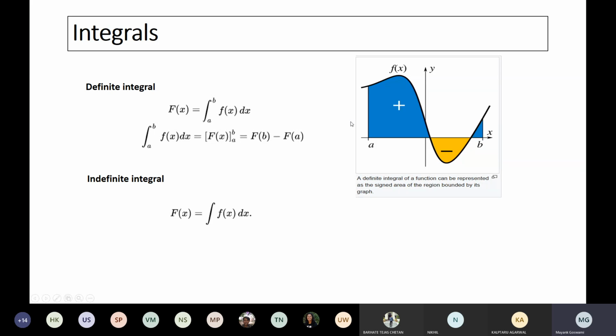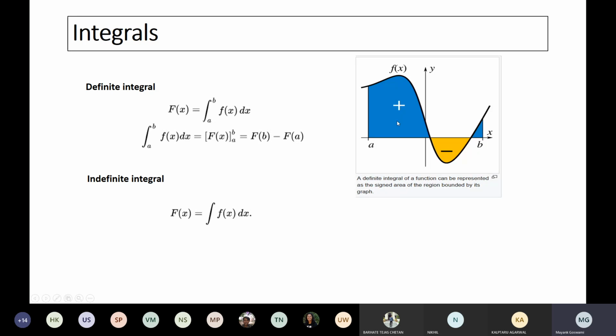So basically the integral of a function can be represented as the area under the region bounded by the curve on the graph. Here we have a function f(x), and this is the area coming under the curve.